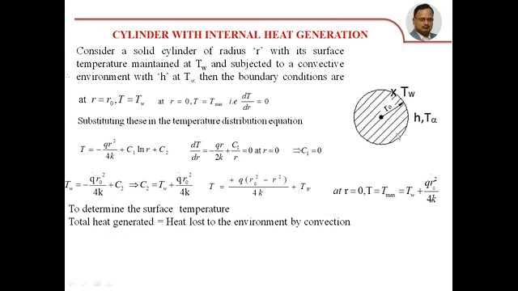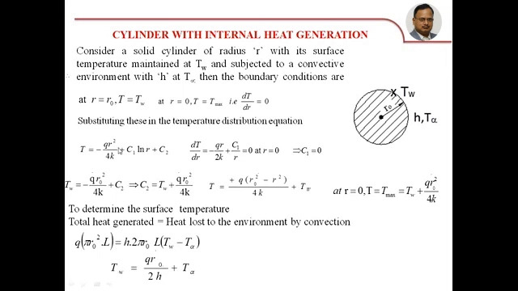Total heat generated within this will reach the surface by means of conduction and enter into the environment by means of convection. So Q dot into volume of this conducting cable, pi R naught square into L, equal to H into surface area 2 pi R naught L into TW minus T alpha. That will give you TW equal to Q dot R naught by 2H plus T alpha.